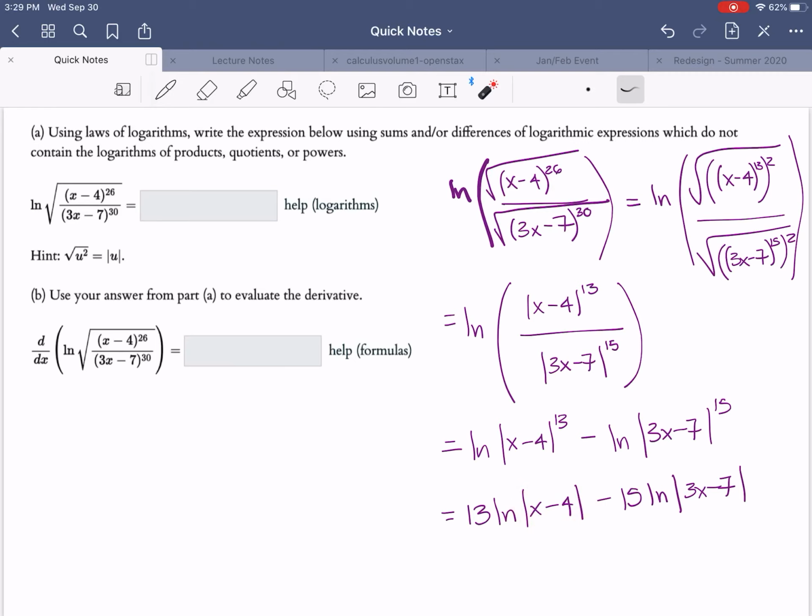Whereas you can see here that this expression is valid for all real numbers except x equals 4, because then you're taking the log of 0, and whatever makes 3x minus 7 equal to 0, which is x equals 7/3.